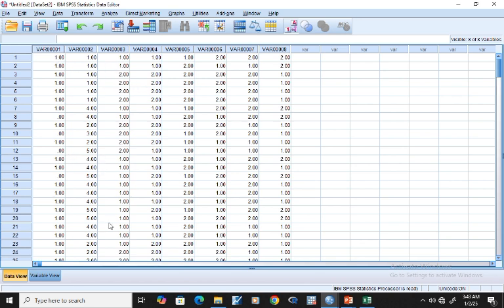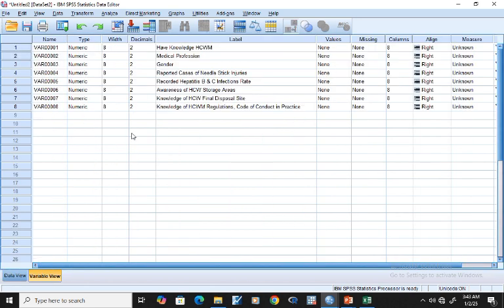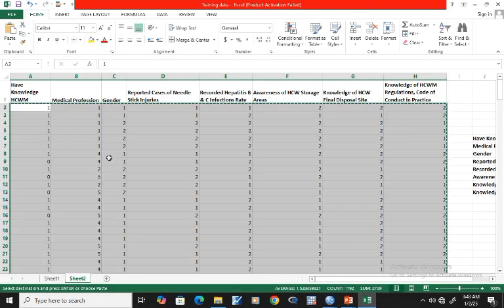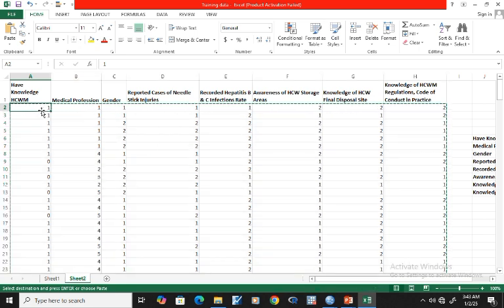It's still not labelled, so we'll look at what the codes are. We'll move to the values and enter the code for each of the variables. You remember we have here knowledge of healthcare waste management: 1 is yes, 0 is no. That means 1 implies the respondent has knowledge, and 0 implies the respondent has no knowledge.